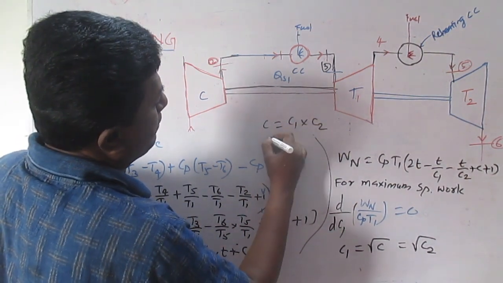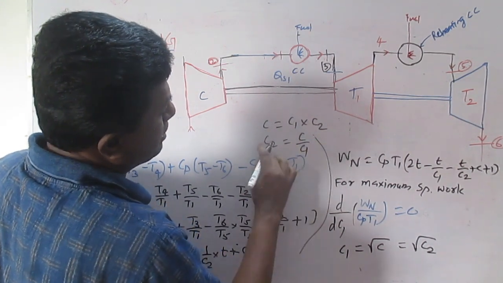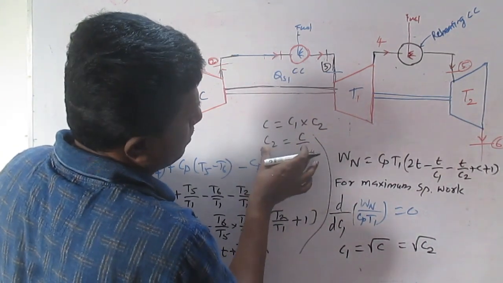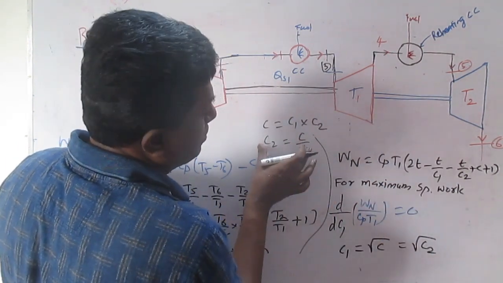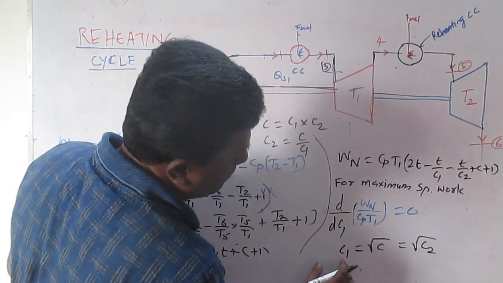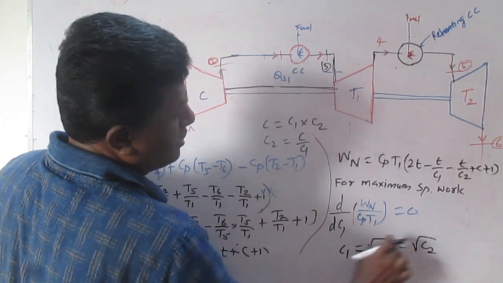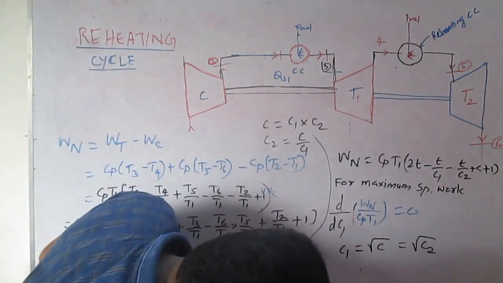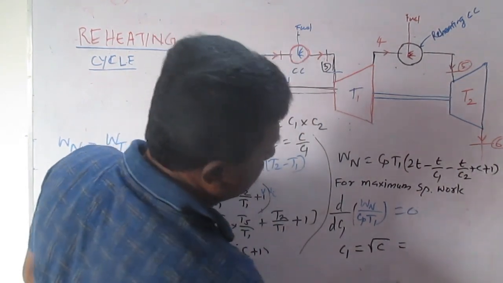So from this we have to change C2 equal to C by C1. This substitution we have to do here, then do the differentiation, and we will achieve this condition, C1 equal to root C, that is also equal to C2.